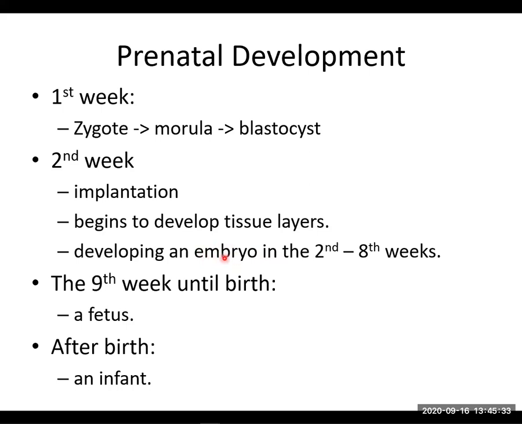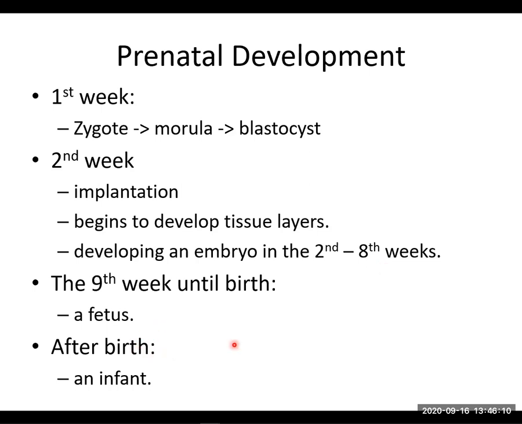The embryo is not visible at first, but by the end of the 8th week, this embryo will become like a little person structure. That little person structure is now called a fetus. From the 9th week on, this fetus grows and more details will be developed, but the structure is basically already there by about the 8th week of gestational age.